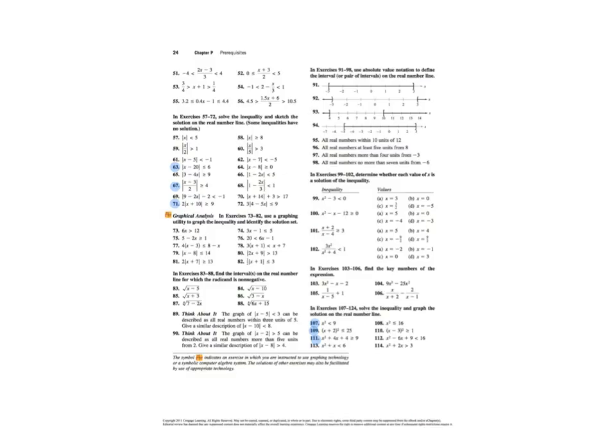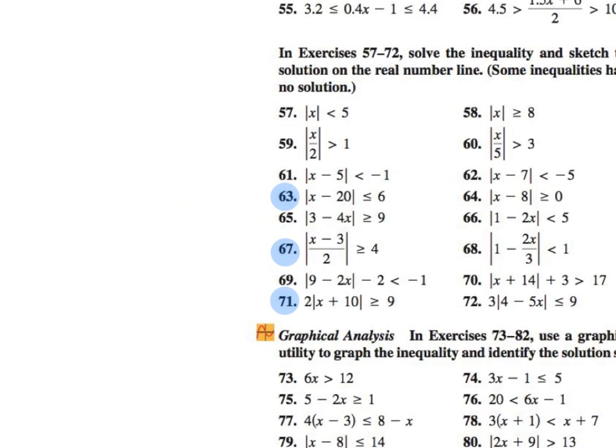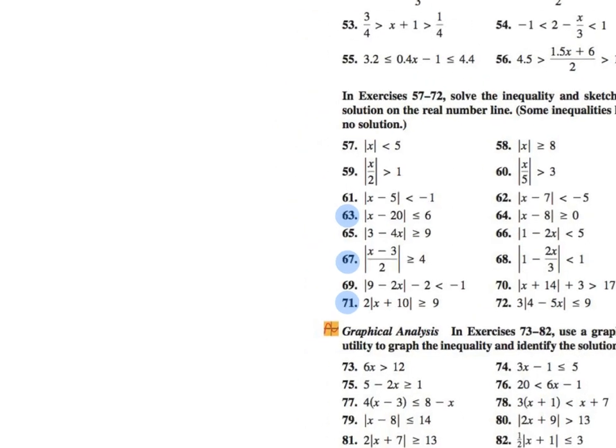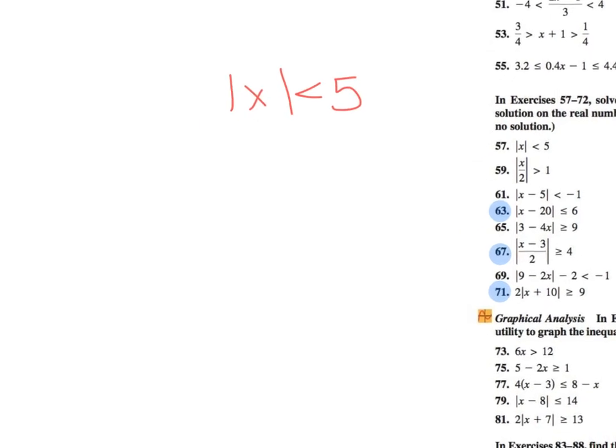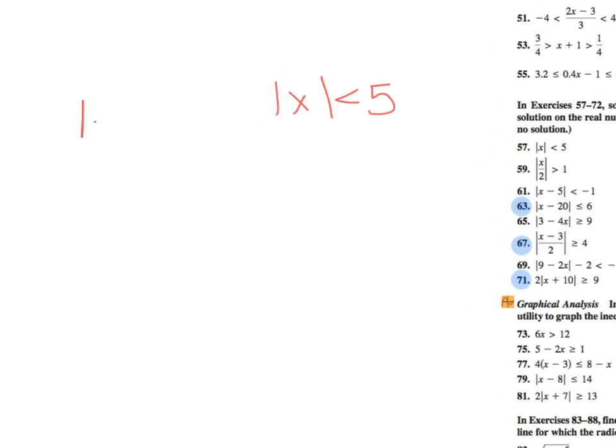All right, then comes absolute value inequalities. When you have absolute value, they become compound without it saying that it's going to become compound. So if I have something like number 57, where it says absolute value of x is less than 5, the rule is if the variable is less than, then your inequality becomes an and statement.